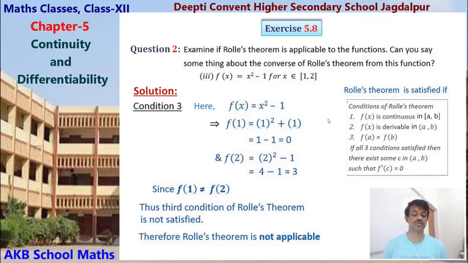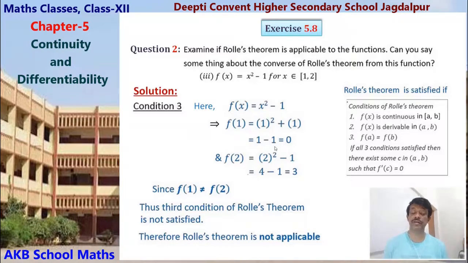So in all three cases Rolle's theorem cannot be applied. Here two conditions are satisfied, but one condition is not satisfied, that's why Rolle's theorem is not applicable. So this was the solution of question 2 of exercise 5.8. In these questions there is the greatest integer function. We know that the greatest integer function is not continuous and not differentiable at integral points, because in the interval there are integers.